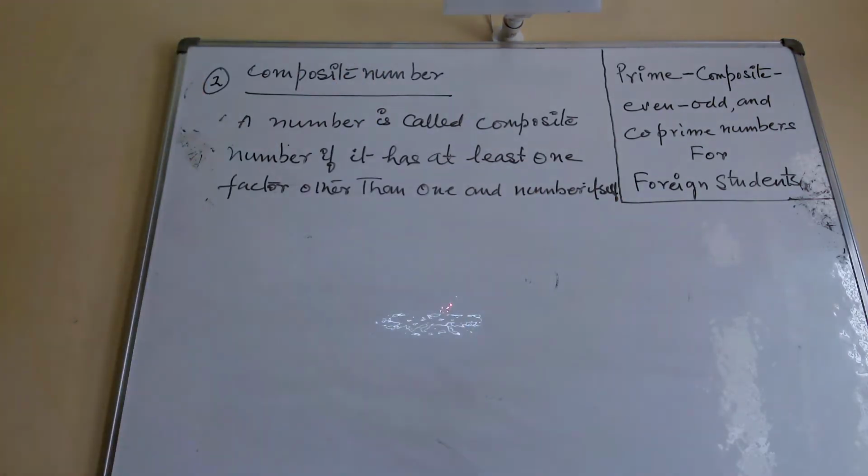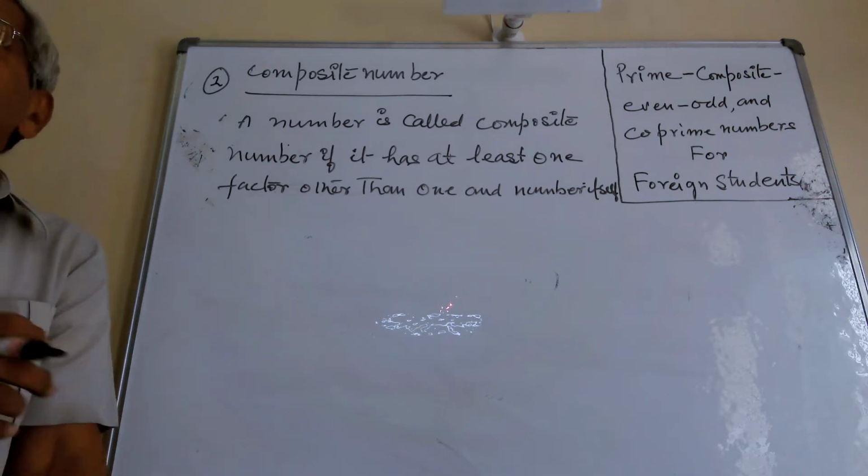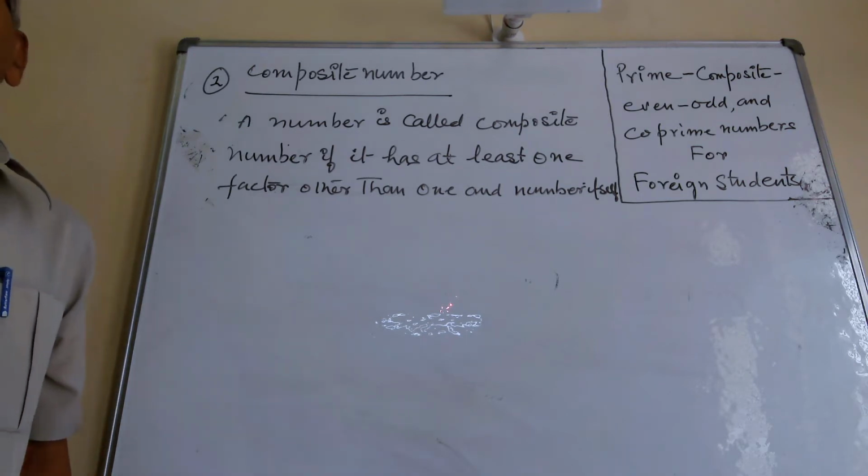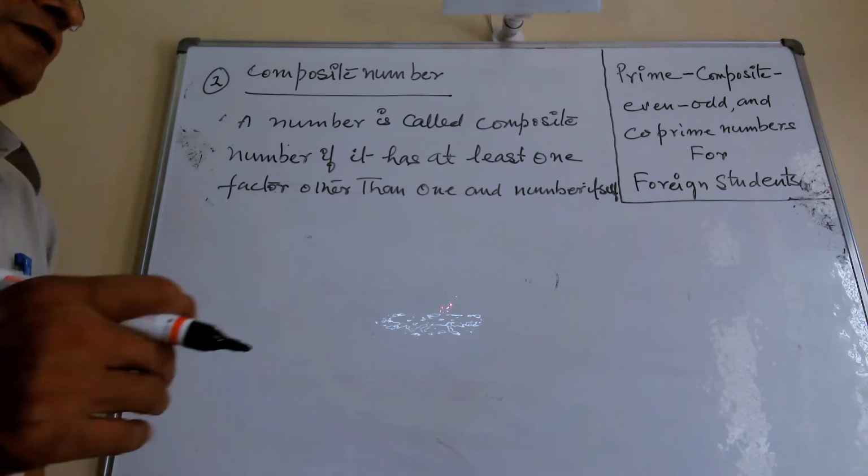So my dear student, in composite number, there should be one factor other than 1 and the number itself. Then the number is composite.